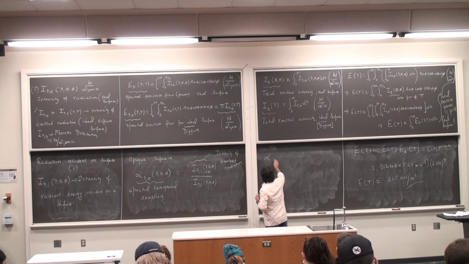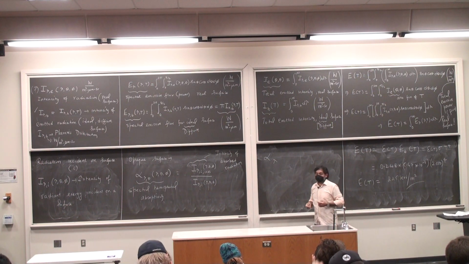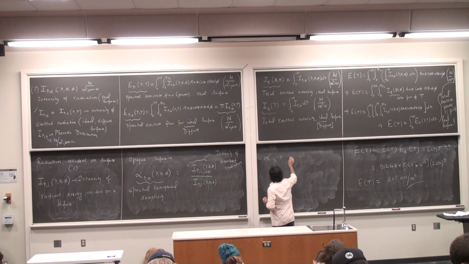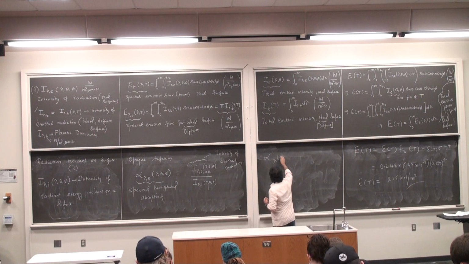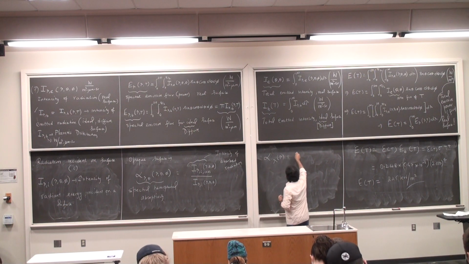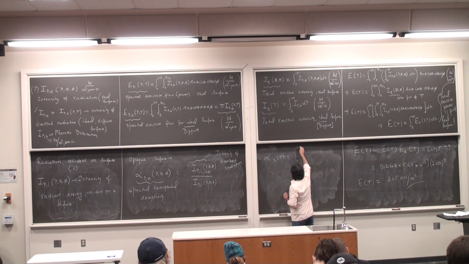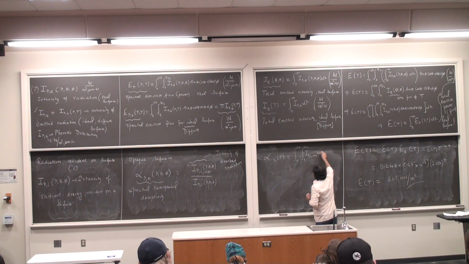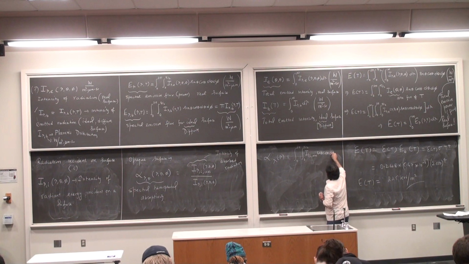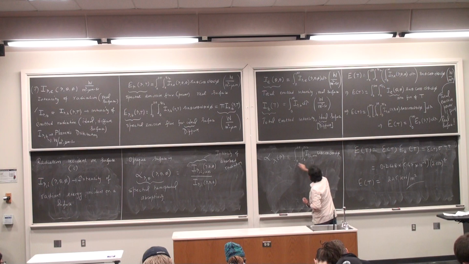So we define α_λ, exactly the same thing. This is defined as a function of lambda, and this is the integral 0 to 2π, 0 to π/2, I_λ,i absorbed sin θ cos θ dθ dφ.